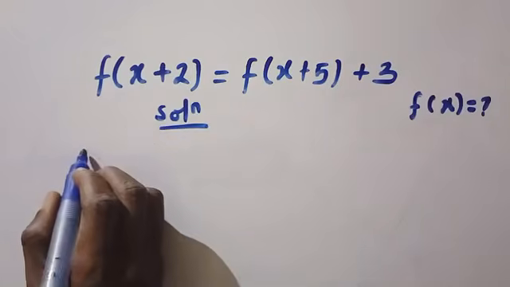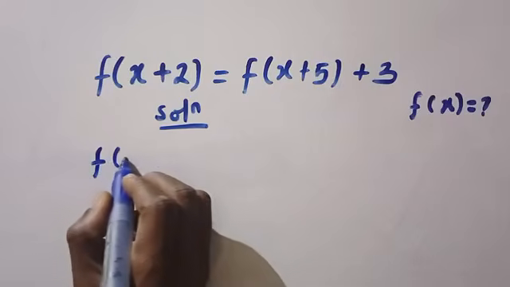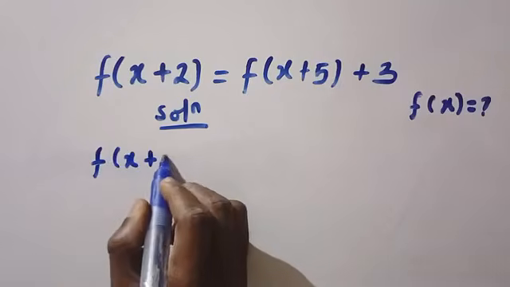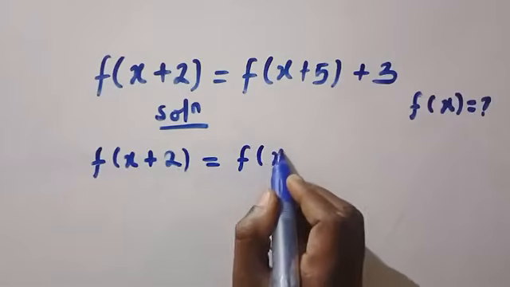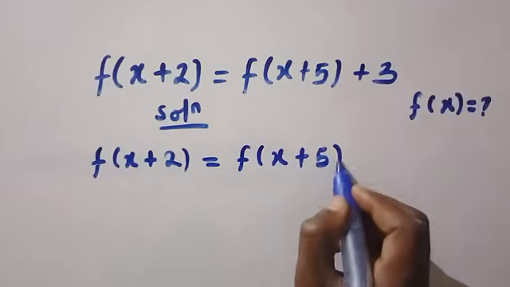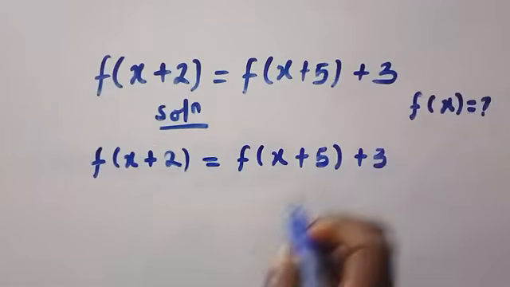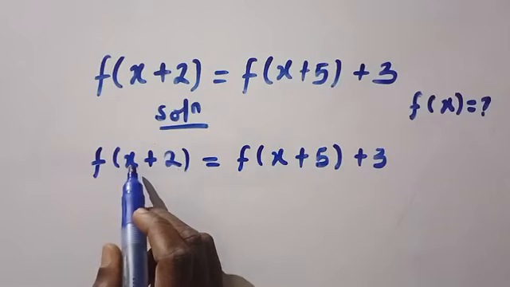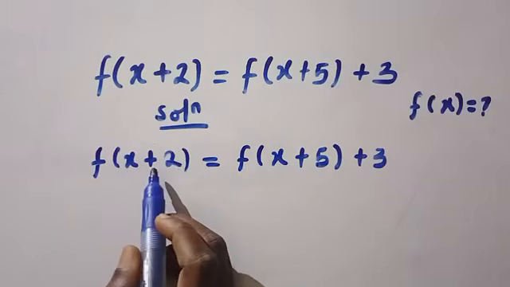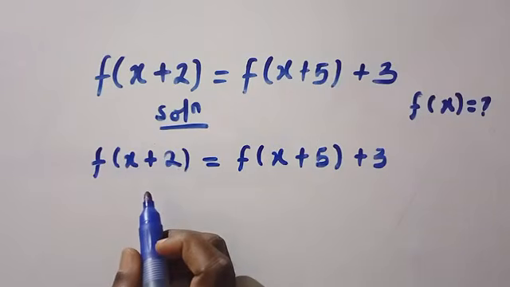From the given question, we have f of x plus 2 equals f of x plus 5 plus 3. So A is the given question. The first step is I want to replace x plus 2 to be having only x.